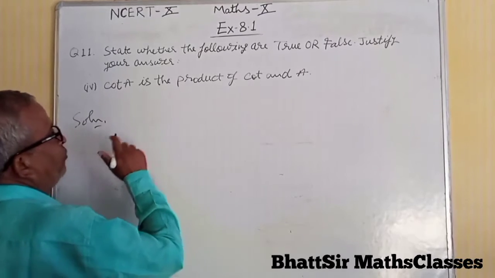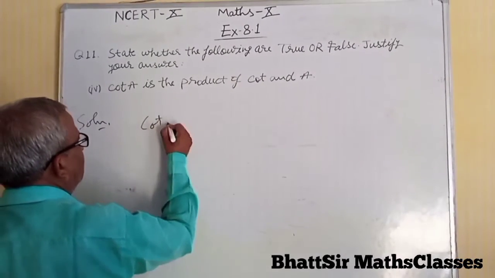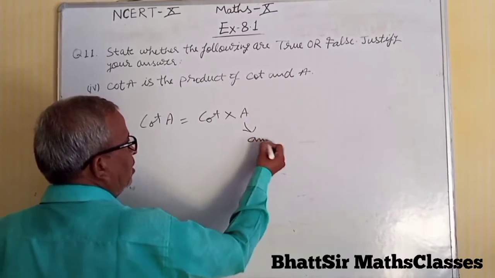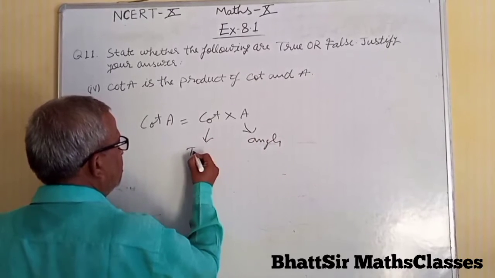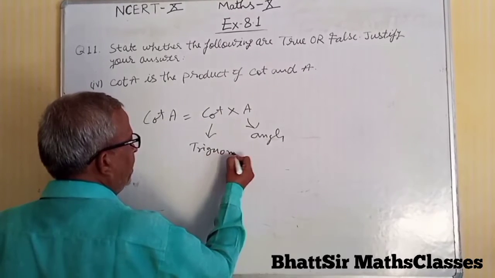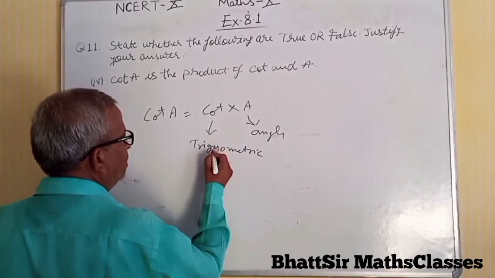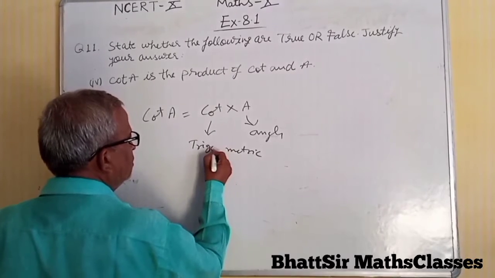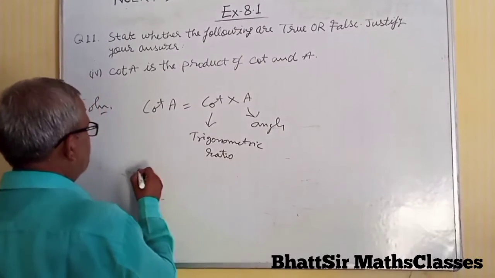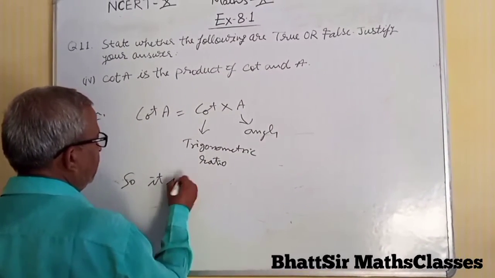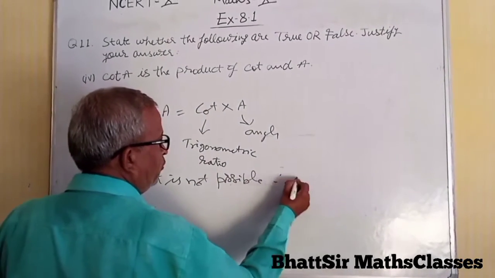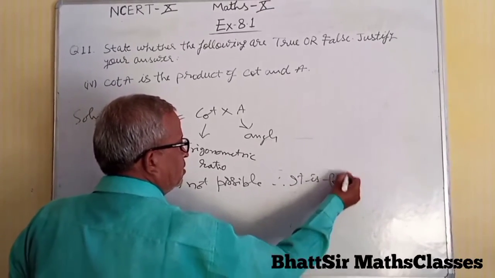Cot A is the product of cot and A. But cot is a trigonometric ratio, the ratio of an angle, so it is not possible. Therefore, it is false.